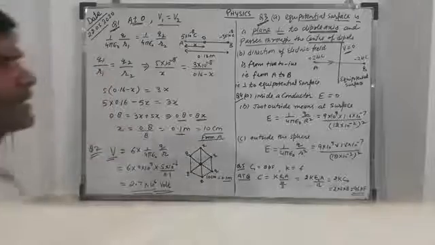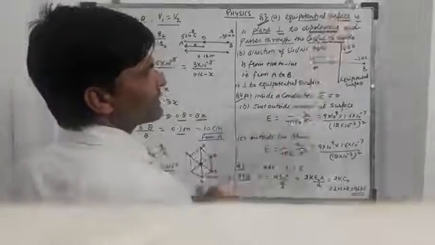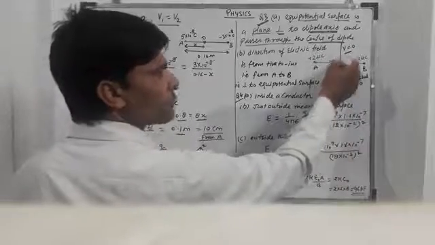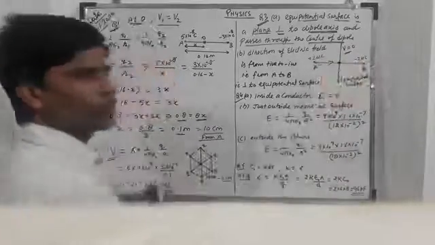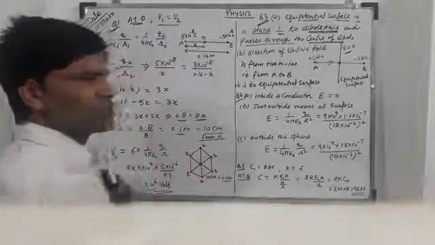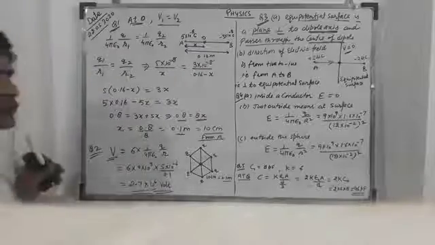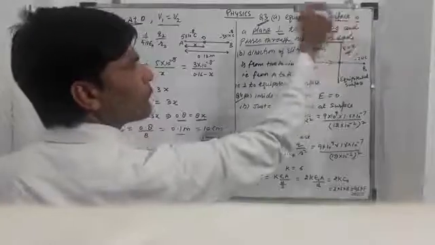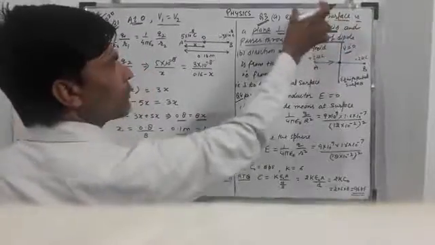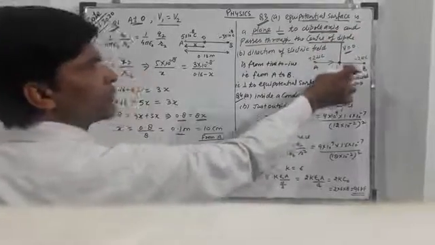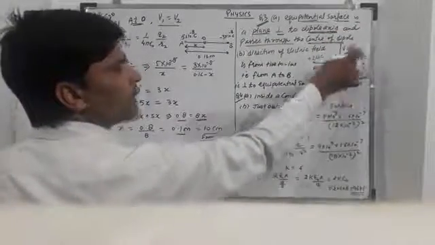So the equipotential surface is perpendicular and passes through the center of the dipole. This makes the dipole equal and opposite charges separated by a distance. So this is a dipole, and for every dipole the equipotential surface is a perpendicular plane that passes through the center.